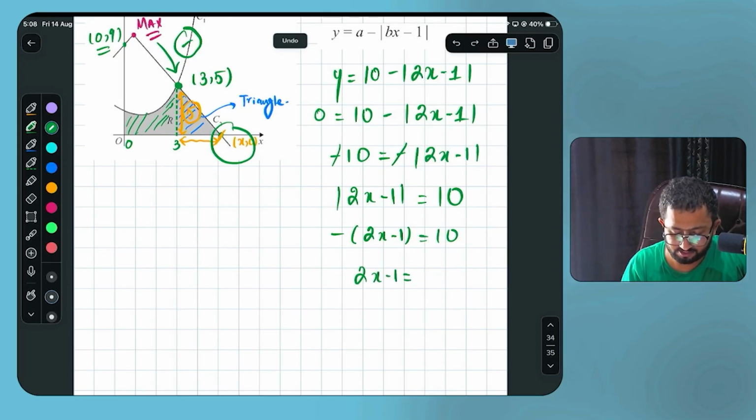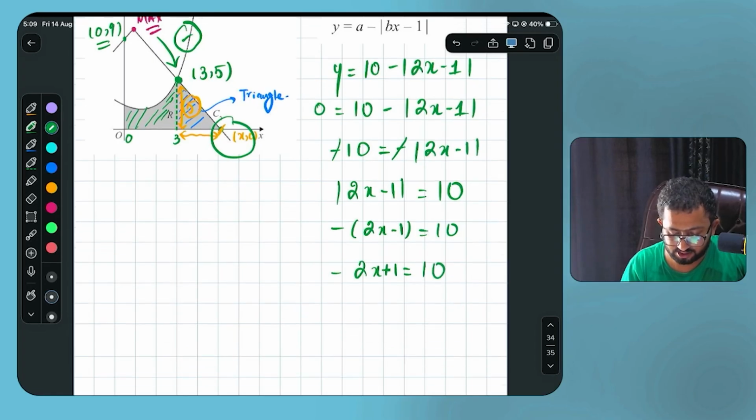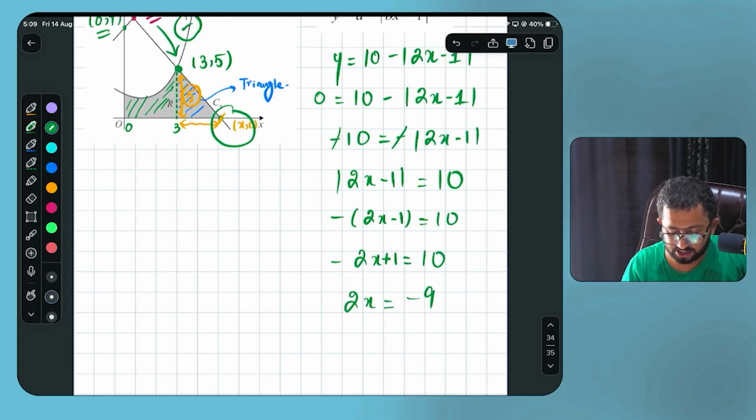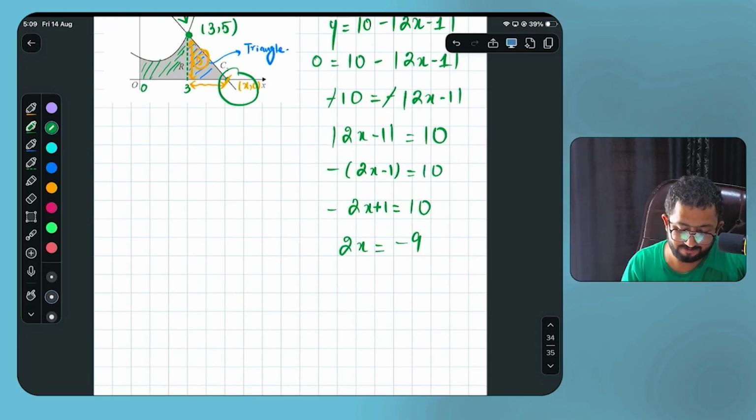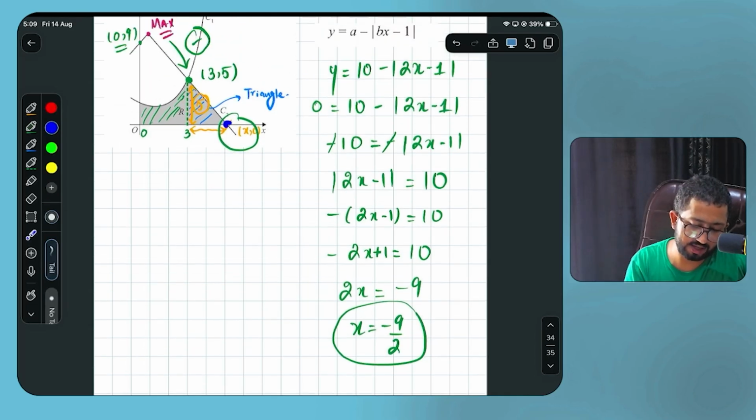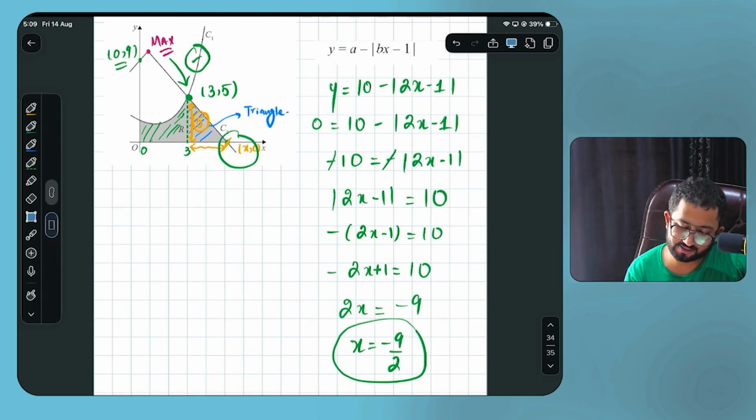Minus plus 10 and 2x equals minus 9, and x equals minus 9 by 2. And as you can see, x equals minus 9 by 2 is not possible because it lies on the positive x-axis. So it means it should be opened with the negative sign as well.